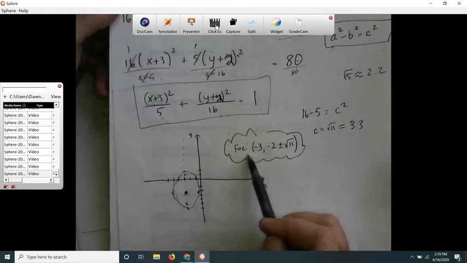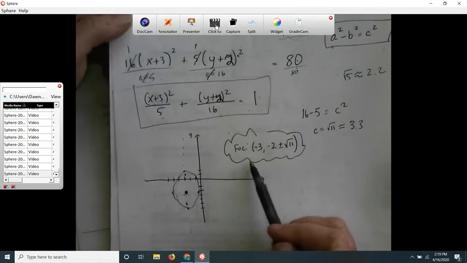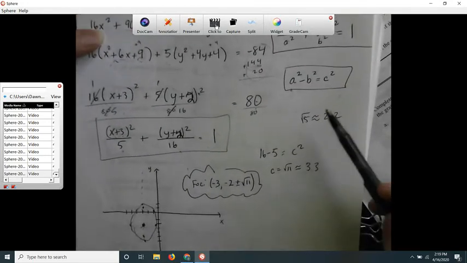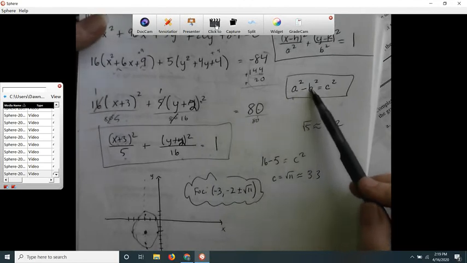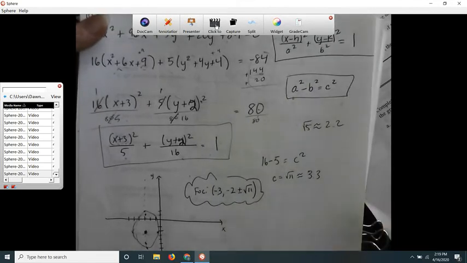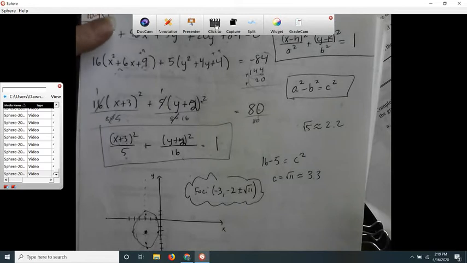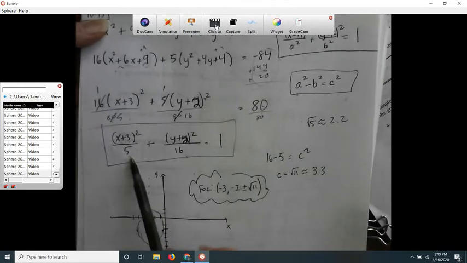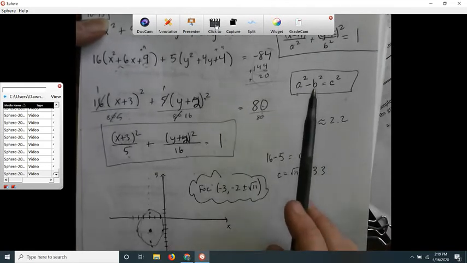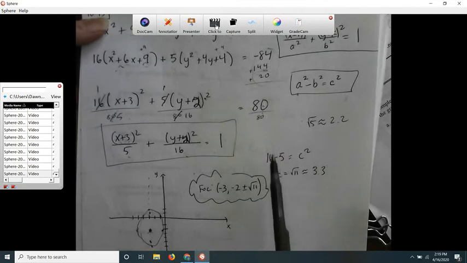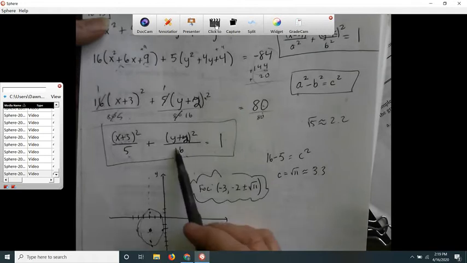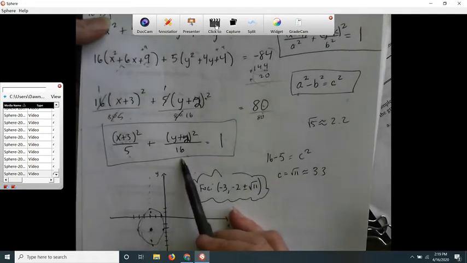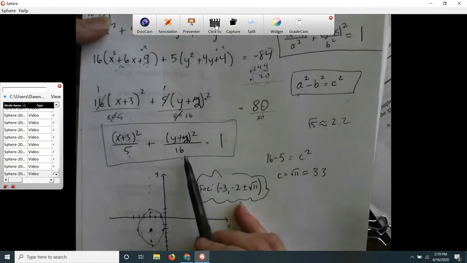And then I needed to find the foci. So I remembered that we learned that a squared minus b squared is c squared. And so a squared, I can look right here and I can see that it's 5, and b squared is 16. So, oh, sorry. A is always the bigger number. I'm sorry. A is always supposed to be the bigger of the two numbers.